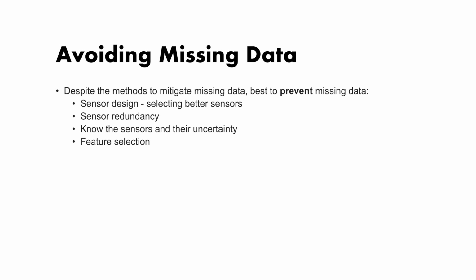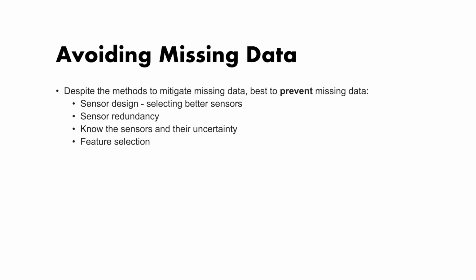Despite the several methods to mitigate missing data, it is always best to prevent missing data from occurring in the first place. An approach is, for example, through sensor design, by selecting better sensors to minimize data gaps. Another strategy is sensor redundancy.